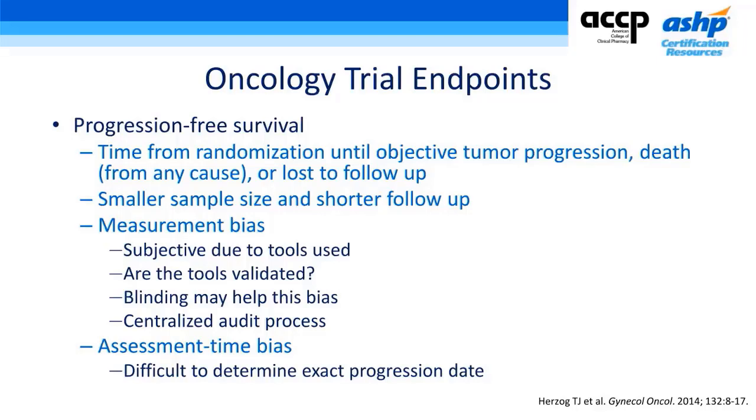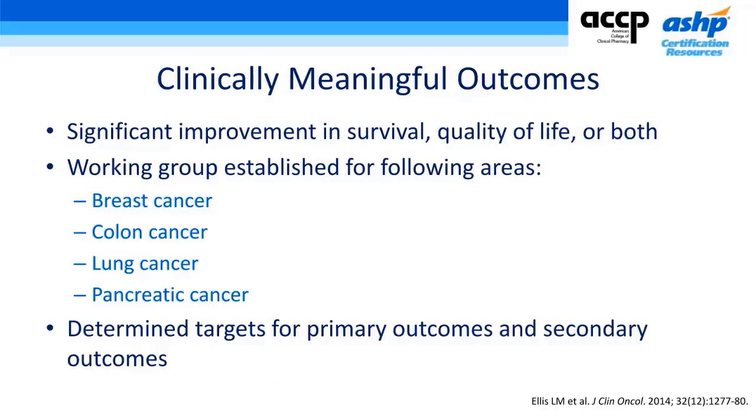And then as far as assessment time bias, is it difficult to determine the exact progression date for whatever condition or tumor progression is being evaluated in the study? As far as clinically meaningful outcomes, there was a work group that established these outcomes for breast cancer, colon cancer, lung cancer, and pancreatic cancer.